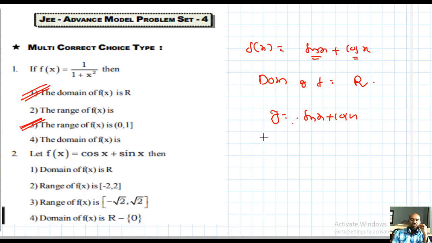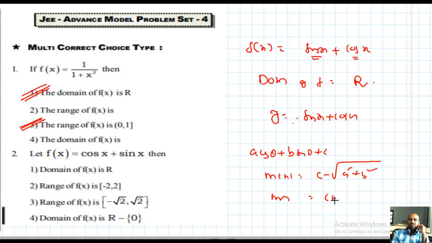Already we know one thing in trigonometry: if a function is given as a cos theta plus b sin theta plus c, its minimum value equals c minus root over a square plus b square, and its maximum value equals c plus root over a square plus b square, which means the value of this expression lies between these two, including both.